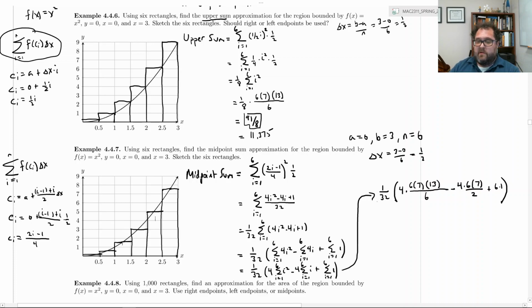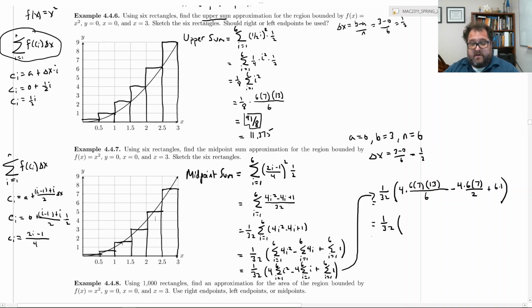Okay? And now let's see what we get. 1 over 32. Now this is just a job for our calculator. So we have 4 times 6 times 7 times 13 divided by 6. Then we have minus 4 times 6 times 7 over 2 plus 6, divided by 32.